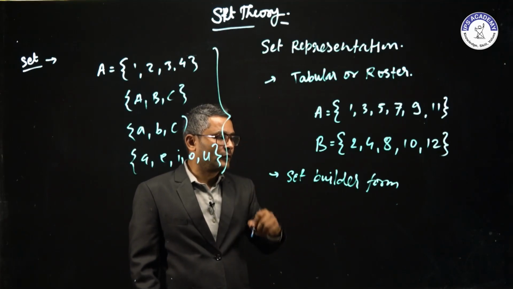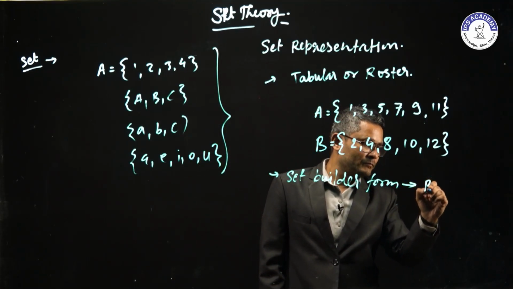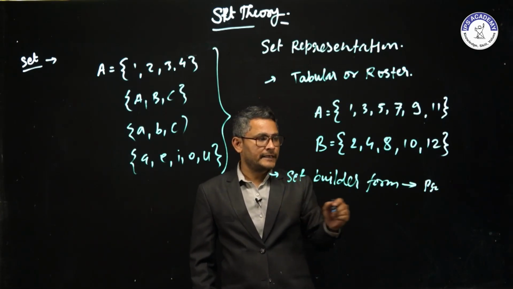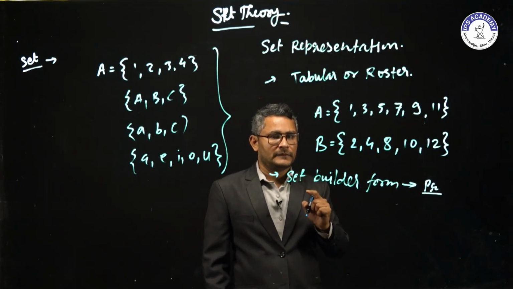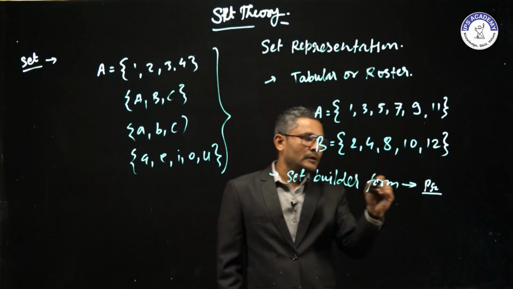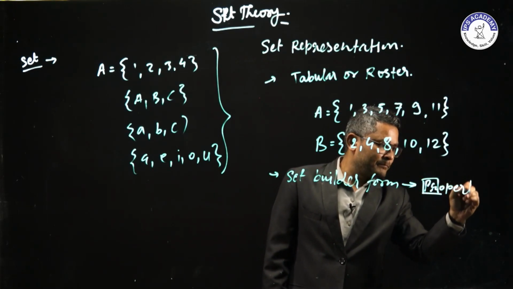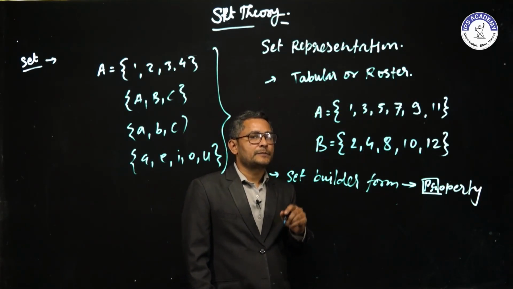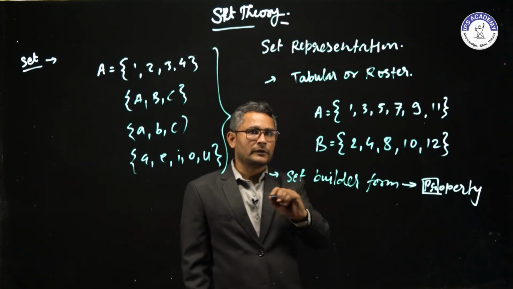Next, the set builder form. Set builder form means you need the property of the element. One thing you must understand here is that the property of each element is the same. That means each element should possess the particular property. If any element does not possess the particular property, then you cannot write the set builder form for that property.